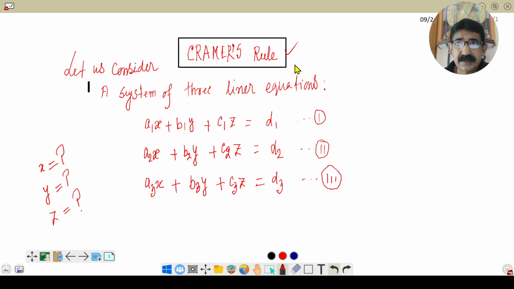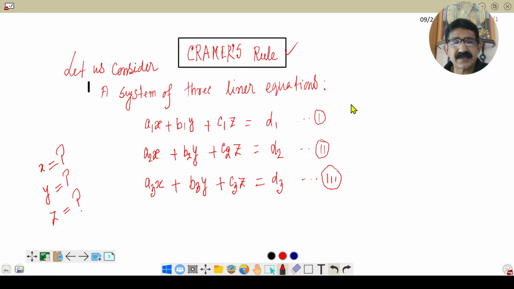And this rule is essential for solving the problems related to Kirchhoff's law in electrical circuit. In case of electrical circuit analysis, there are so many rules, and one of the fundamental rules is Kirchhoff's laws, KCL and KVL.